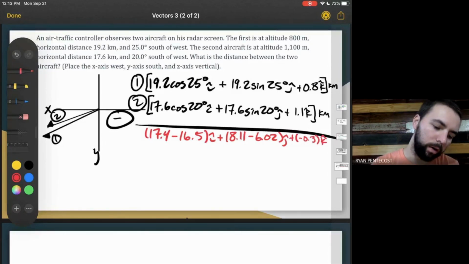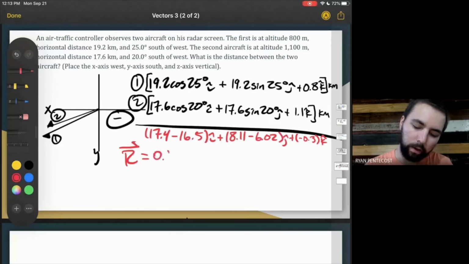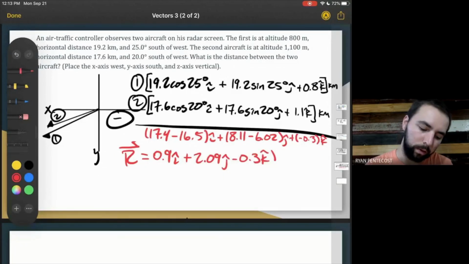So our resultant vector, you would get as 0.9 I hat plus 2.09 j hat minus 0.3 k hat kilometers. So that is our vector.